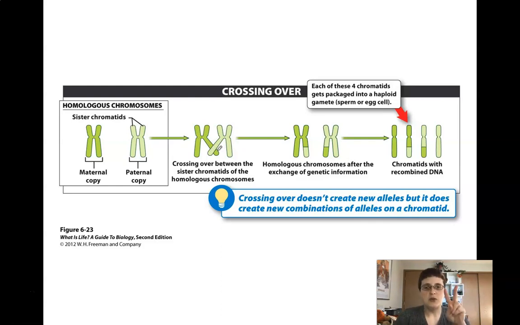So chromosome 1 and chromosome 1 line up. They exchange genetic information, and now they've each got a little bit of each other's genetic information, so that once they get divided out into their sperm or egg cells, for example, if this is 4 different sperm, they're all going to be genetically different.